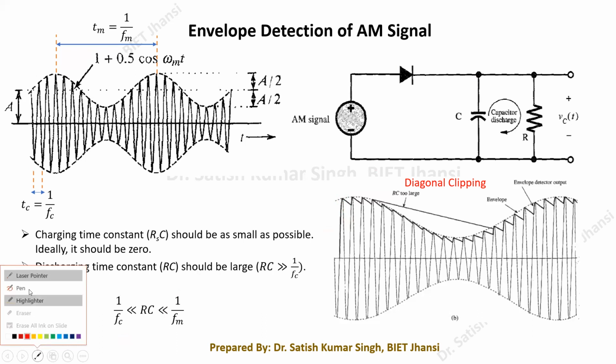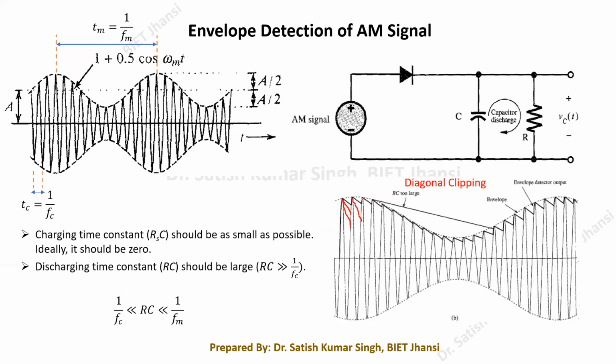So basically what can be possible is, if it is discharging too quickly, like this, or like this, then in the next cycle it will again discharge quickly.